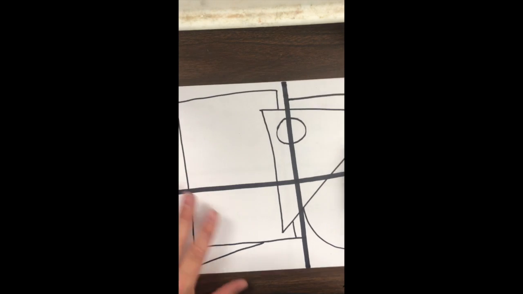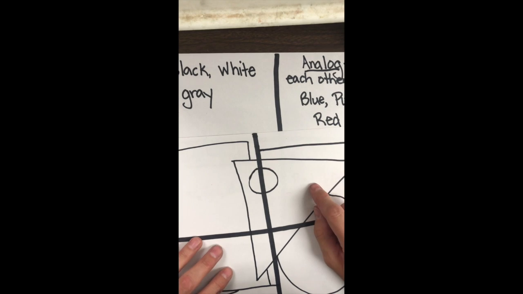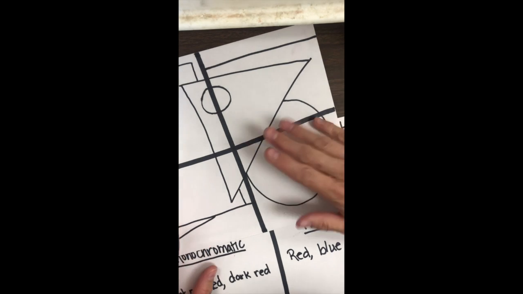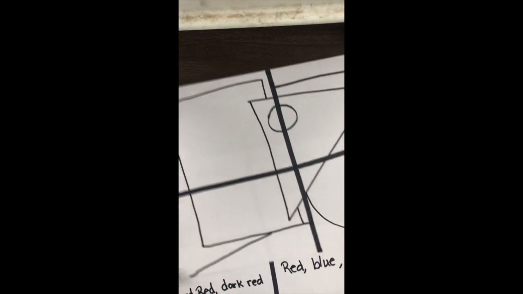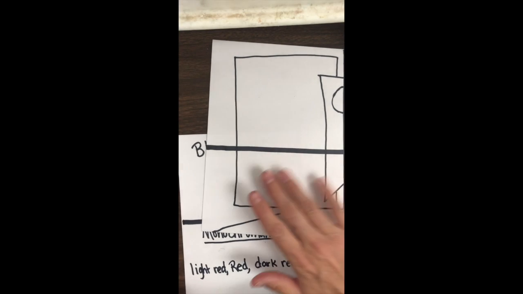This square, I am going to do blue, purples, and red. This rectangle, I am going to do my primary colors, red, blue, and yellow, and this one is going to do monochromatic, so my lights and darks of red.